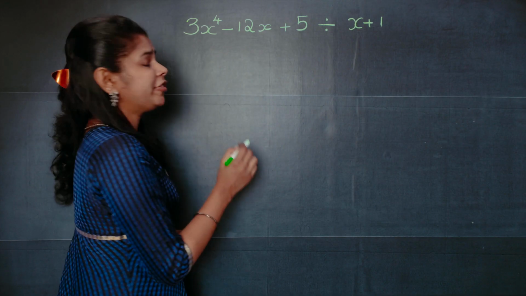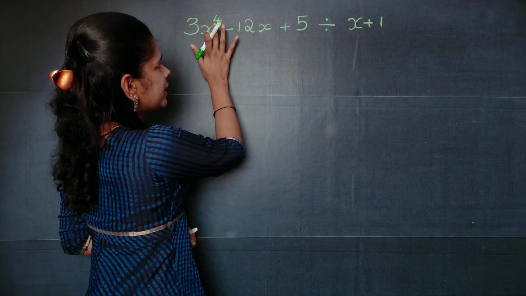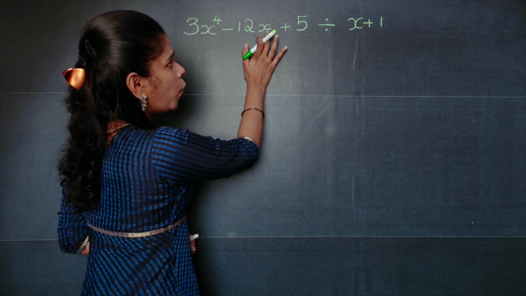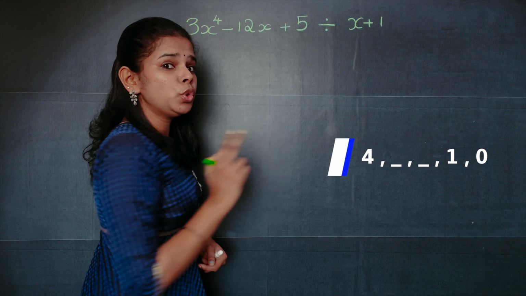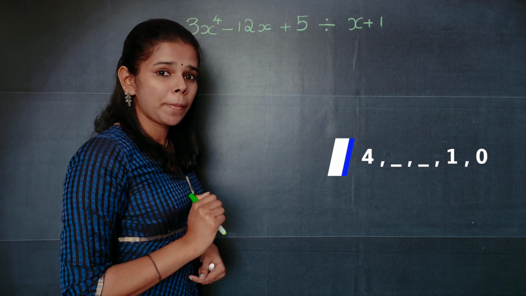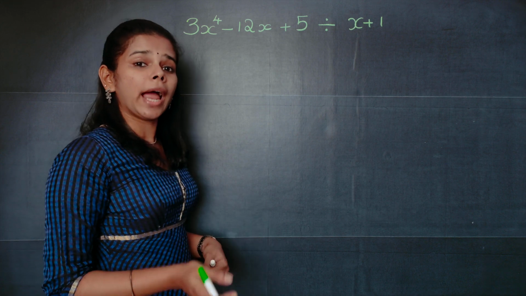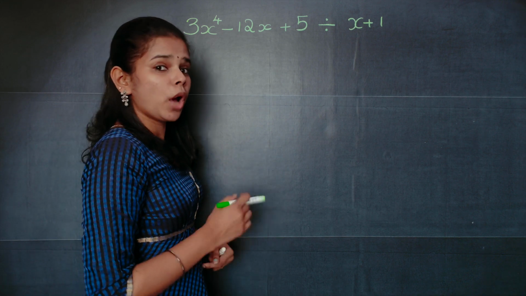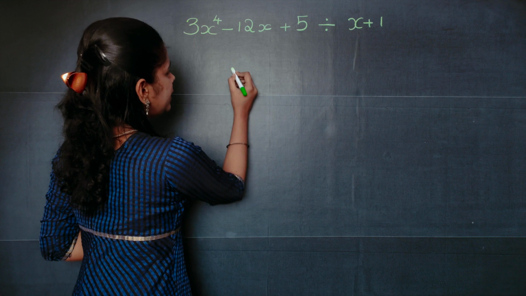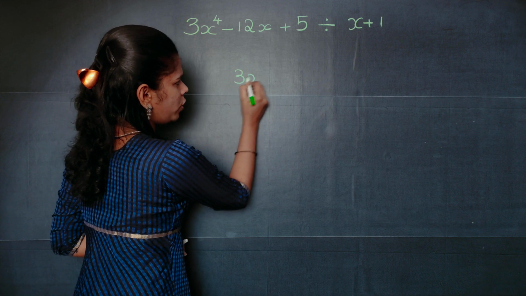That is, when you check if they are in decreasing order, you can start with 4 and then 1 comes and then 0. So 2 powers are missing. Which are the powers? 3 and 2. So in that case, you need to add 2 terms to this. So how will you add? First you will write 3x raised to 4.